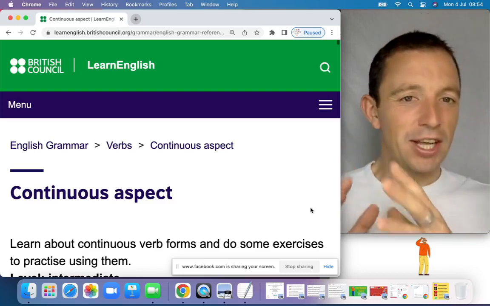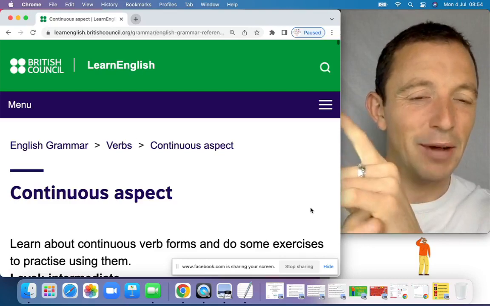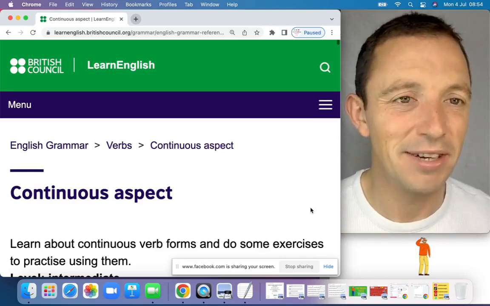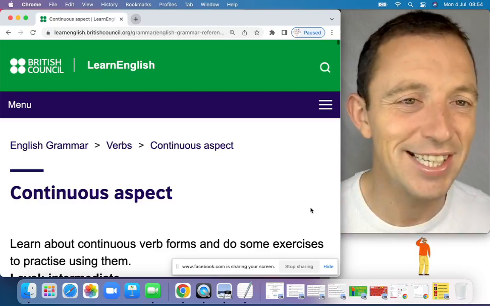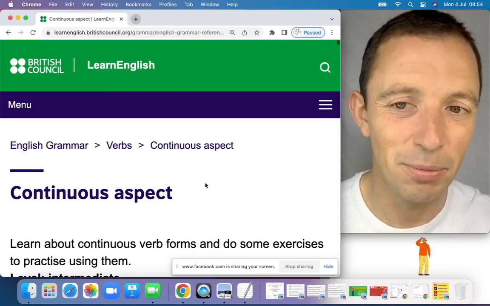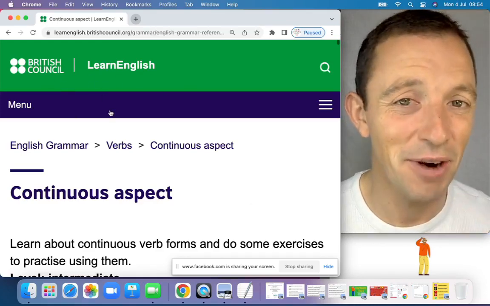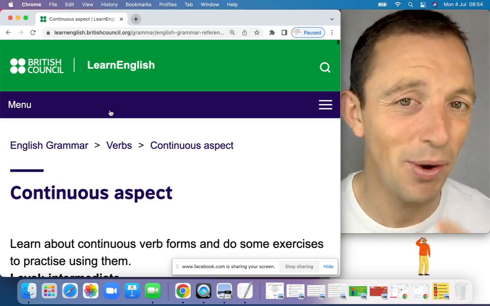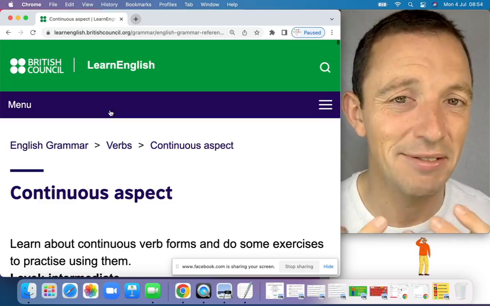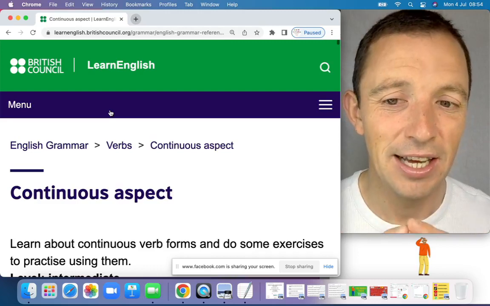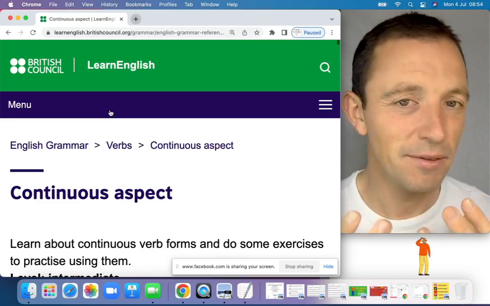This is the page. The page is the British Council website and specifically it's the Learn English section of the British Council website. It's very, very good to learn grammar. It's maybe the most impressive website I have seen on the internet. It's really very, very good.